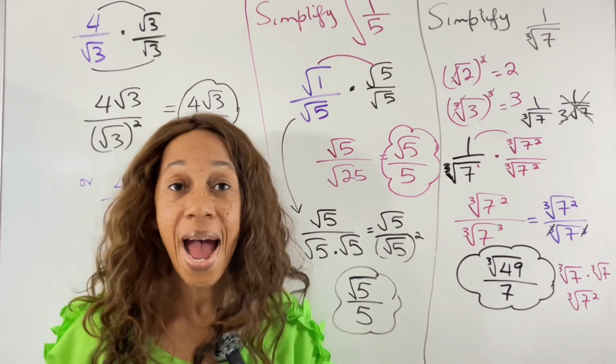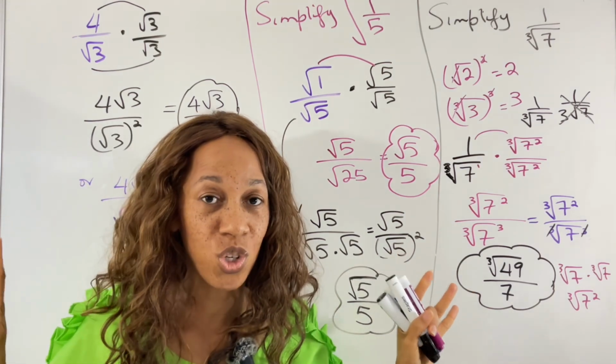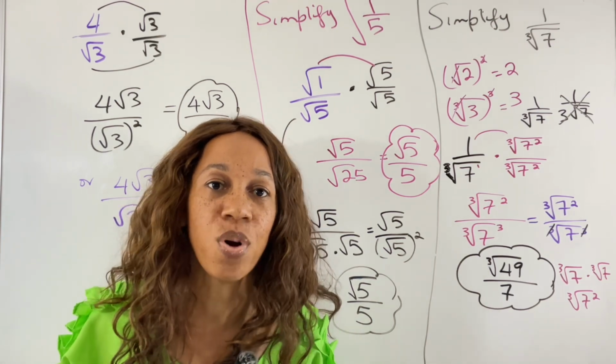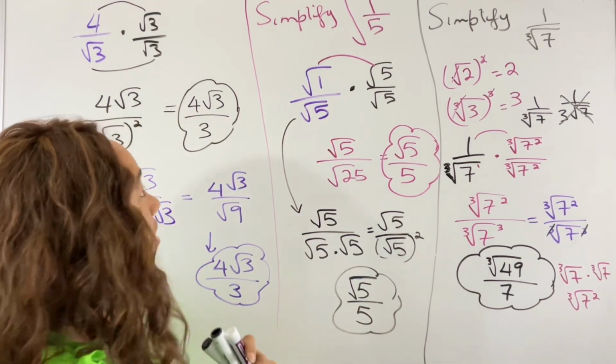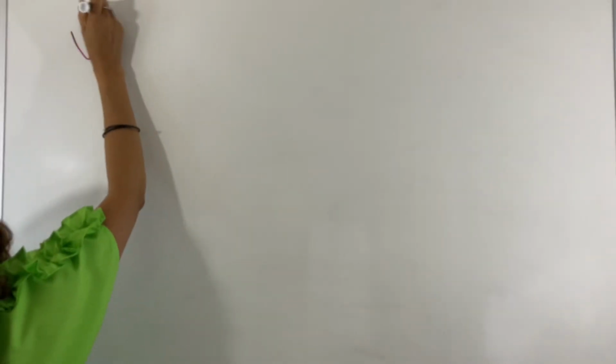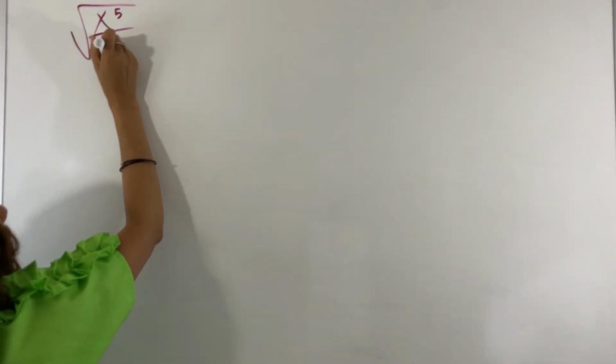All right. As you know, this is not all I'm going to show you. I need to show you something else. So let's get into our next example dealing with rationalizing the denominator. Our next example is that we are going to simplify radical x to the 5th power over 3.